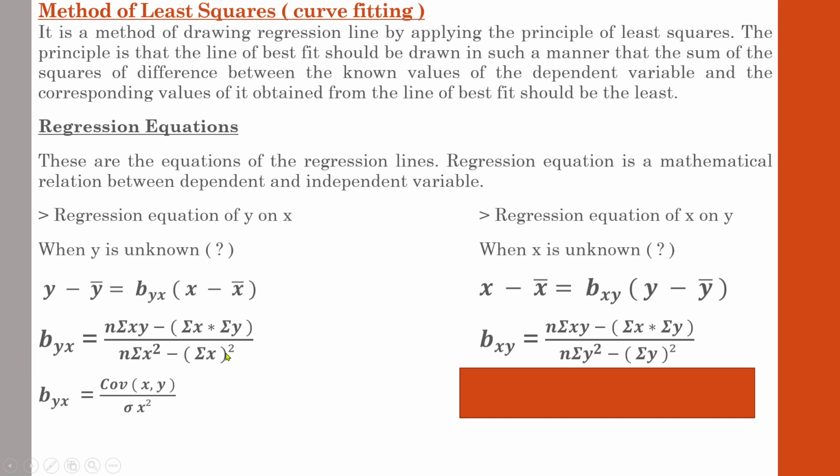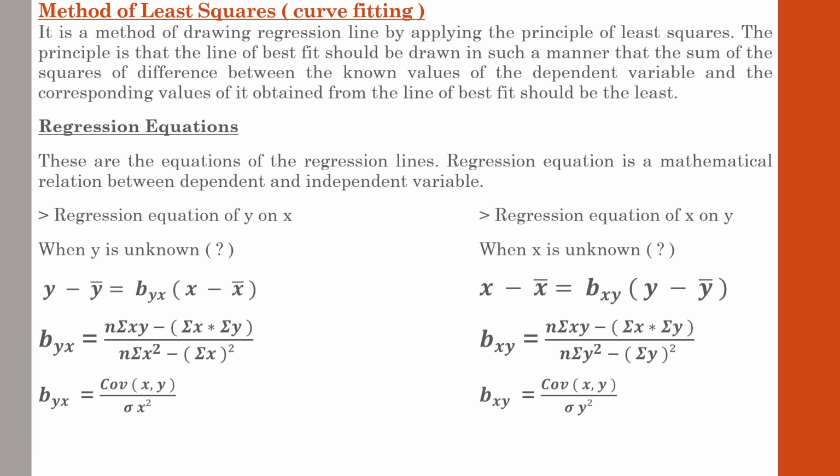These are the two main equations for finding byx and bxy, and at the same time there is another equation for finding bxy, that is covariance of xy divided by standard deviation of y square. So these are the main equations for finding the regression equation of y on x as well as x on y, and usually you will be developing two equations.